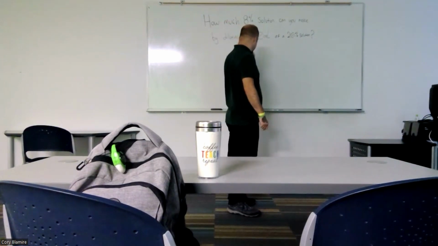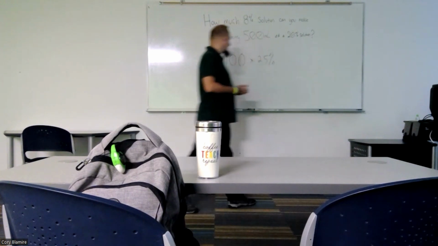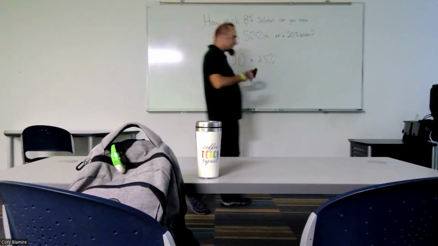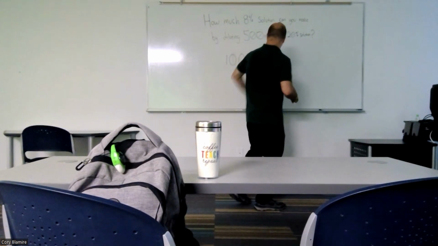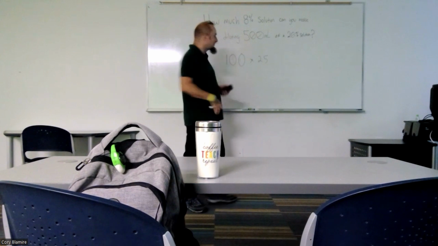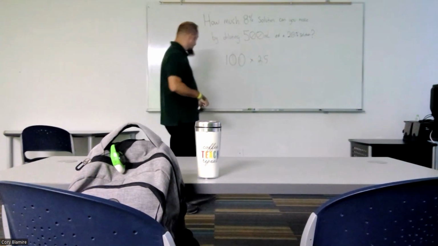Instead of saying times 25%, that's not really how we do that. It is, but it's not how you put it in the calculator. Good. For depth of understanding, we're going to do it this way.